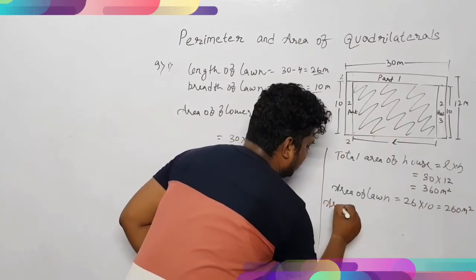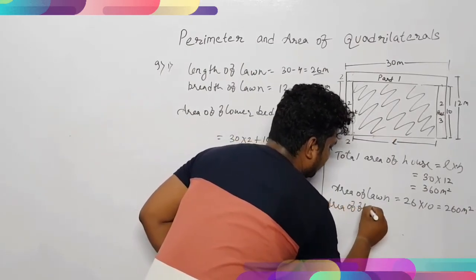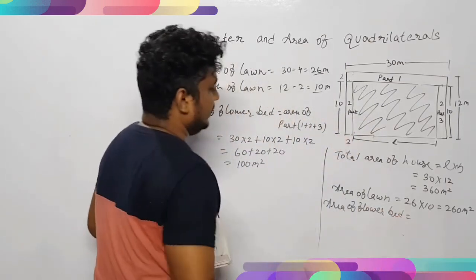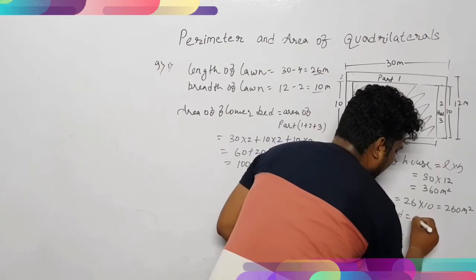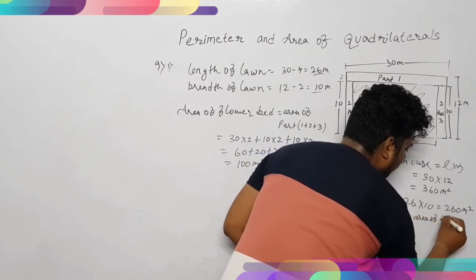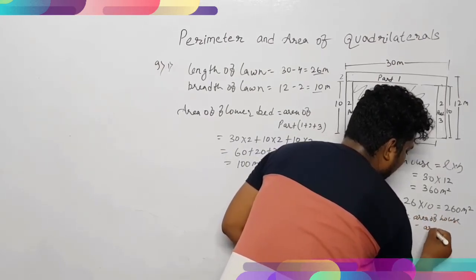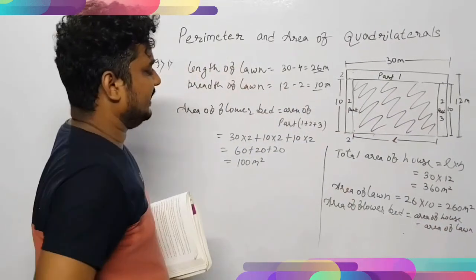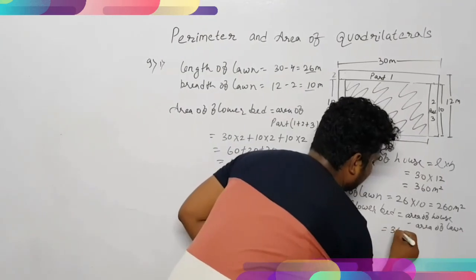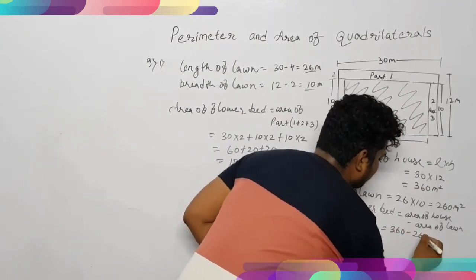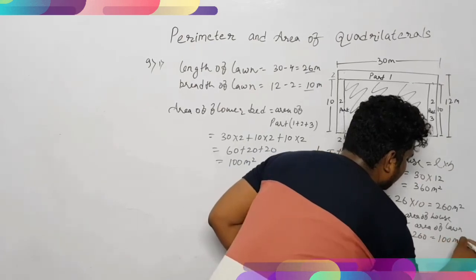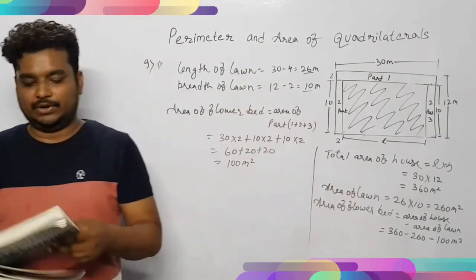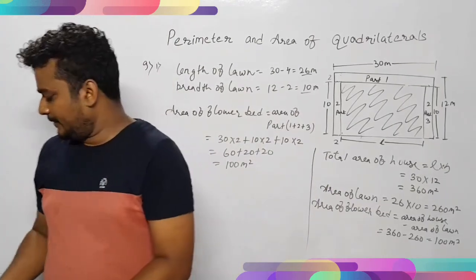Now the area of the flower bed is equal to the total area of the house minus the area of the lawn. When we subtract the two, we can write it like this: 360 minus 260. So we have 100 meter square. So this is the solution. Whichever method you like, you can solve in that particular way.